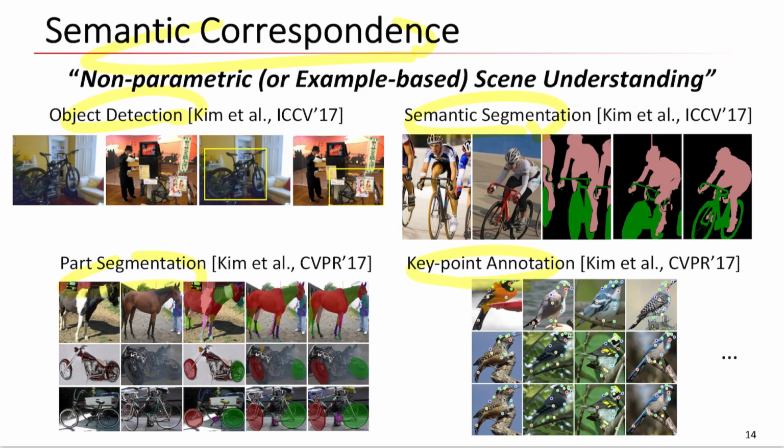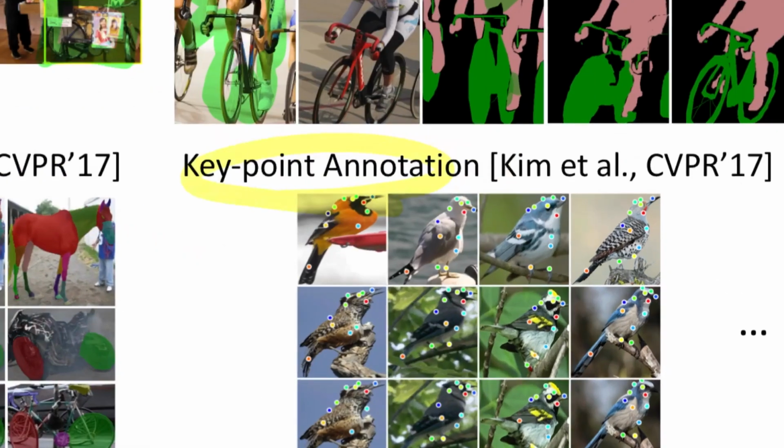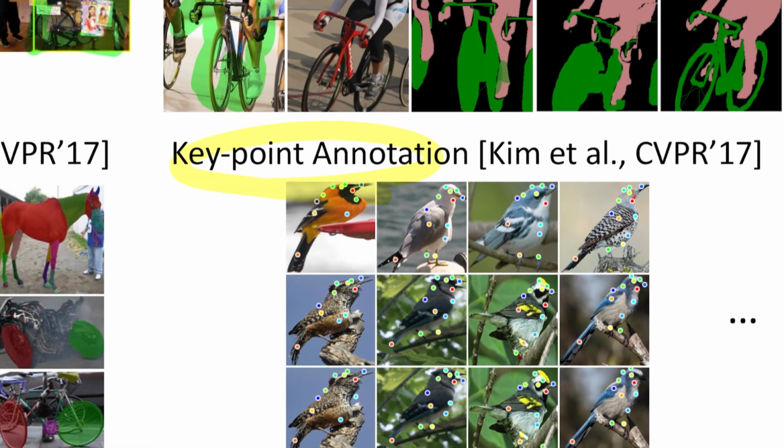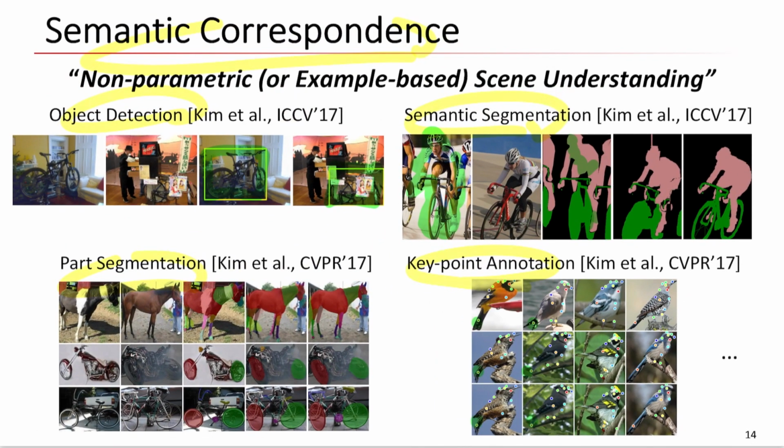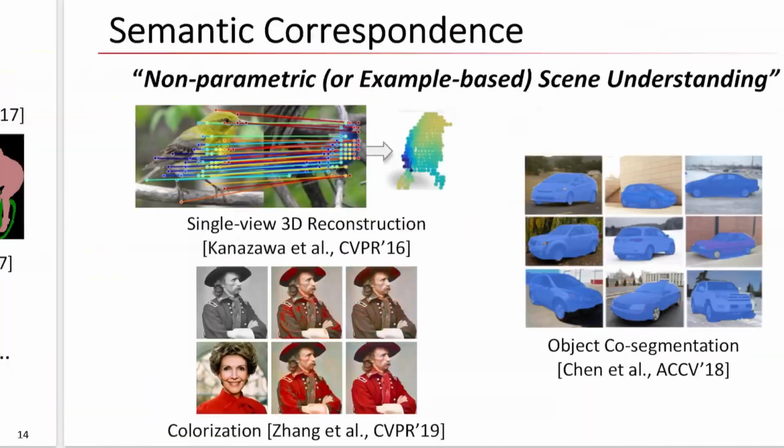By using the semantic correspondence, we can detect the object reliably, or segment the image according to their semantic label. For example, this is a human and this is the bike, or semantic key points. This is the same point across the different images.